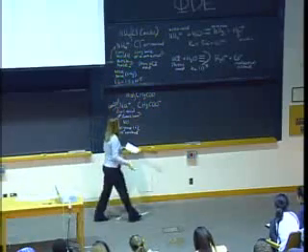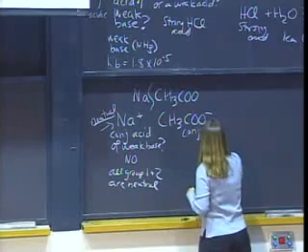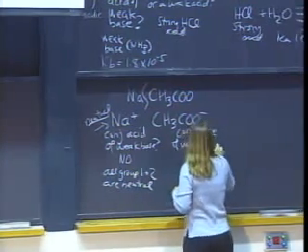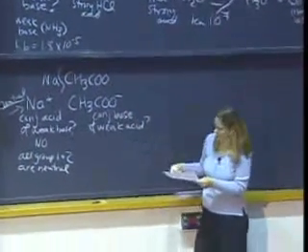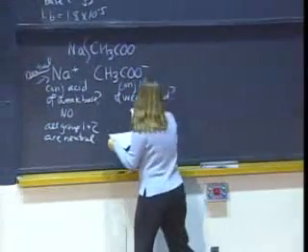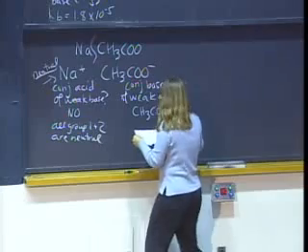All right, so let's look at the other side and ask, is this the conjugate base of a weak acid? And what would be the acid here? Yeah, acetic acid, CH3COOH.